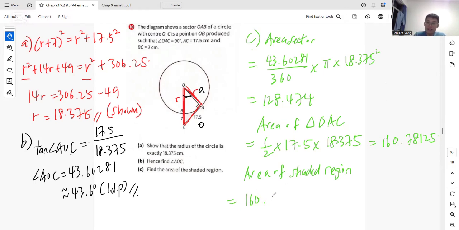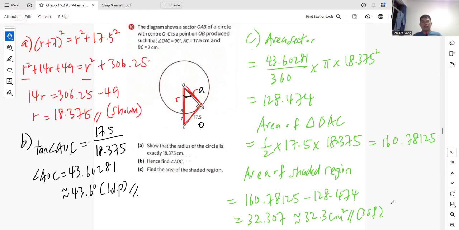So 160.78125 minus 128.474 equals 32.307, rounded off, 32.3 centimeters squared, 3 significant figures. All right, so this is it for the last question of exercise 9.2, and this is question 10.